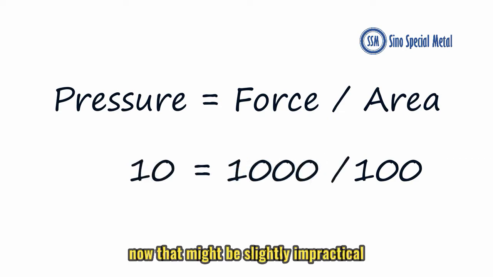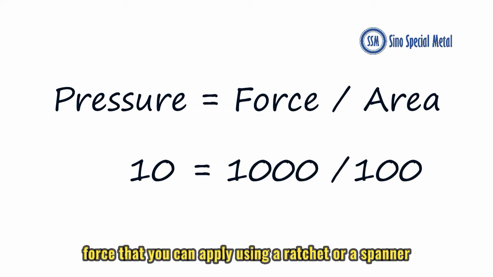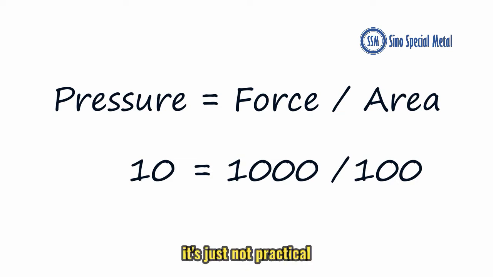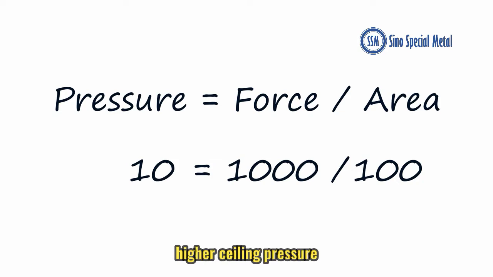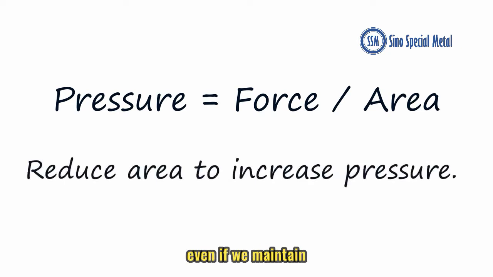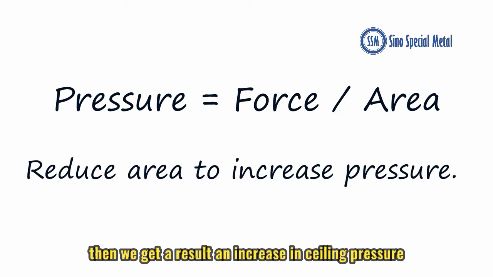Now that might be slightly impractical. There's only so much force that you can apply using a ratchet or a spanner. Obviously you can get hydraulic tools in, but you don't really want to be doing that. It's just not practical. So how are we going to achieve this higher sealing pressure? Well, using our equation, if we reduce the area, even if we maintain the force at what it was previously, which was 500, then we get a resultant increase in sealing pressure.